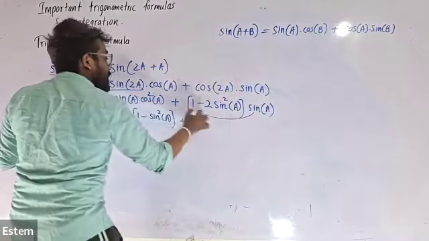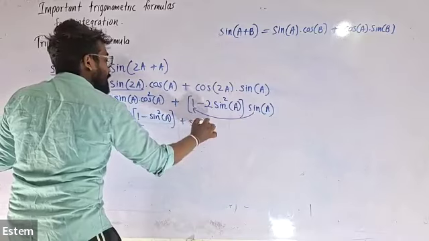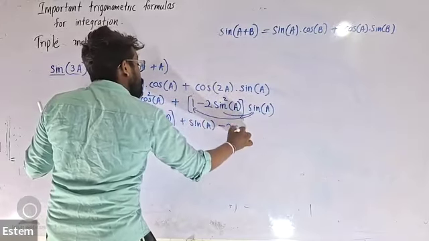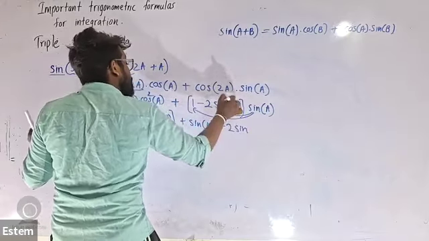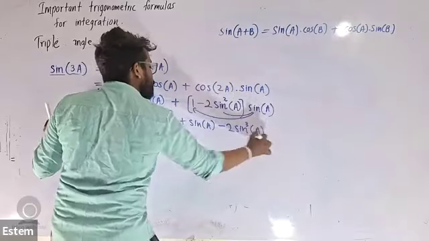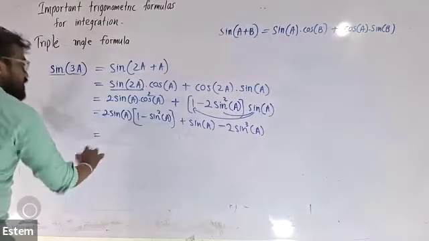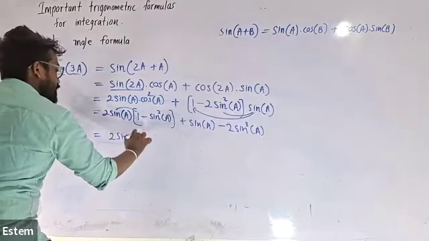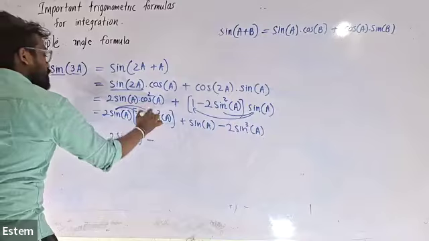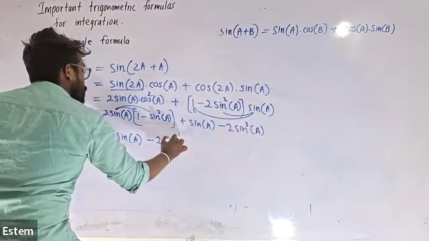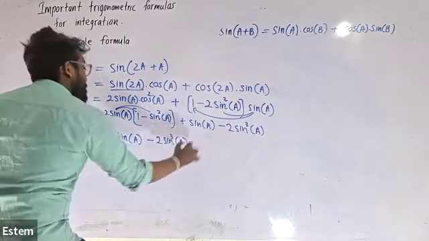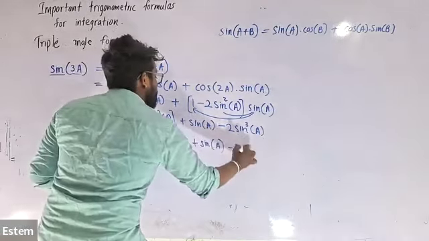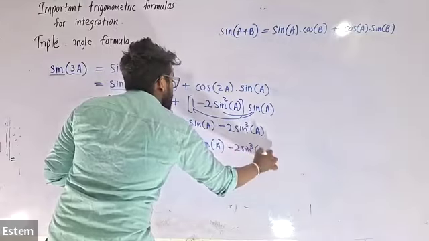I will multiply: sine a minus 2 sine cube a. Now it is 2 sine a minus 2 sine cube a plus this sine a minus 2 sine cube a.